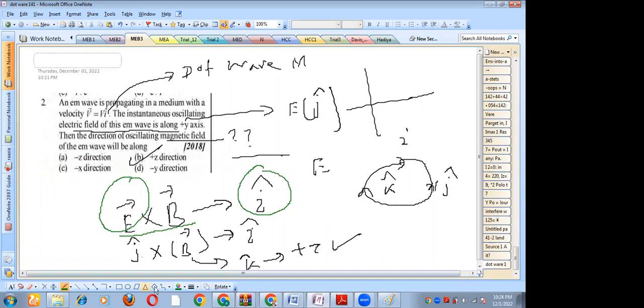If it is k, and we know that j cross k is i, then the magnetic field should be along the plus z direction. We have predicted that. Understood? This is very important, and this is a NEET 2018 question.